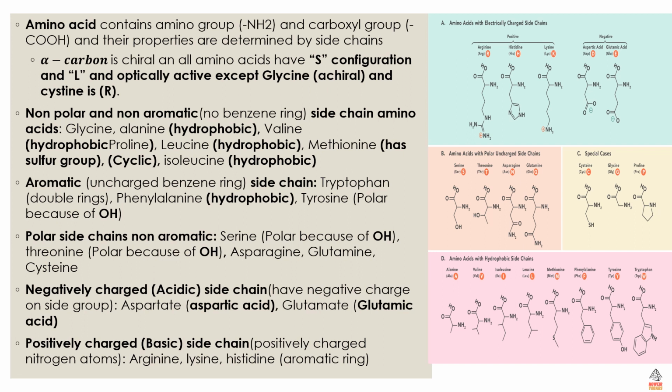Now we need to divide the amino acids into multiple groups. Each group has its own properties, which makes it unique. We're going to start with the nonpolar and non-aromatic amino acids. These amino acids don't have a benzene ring and they're nonpolar.